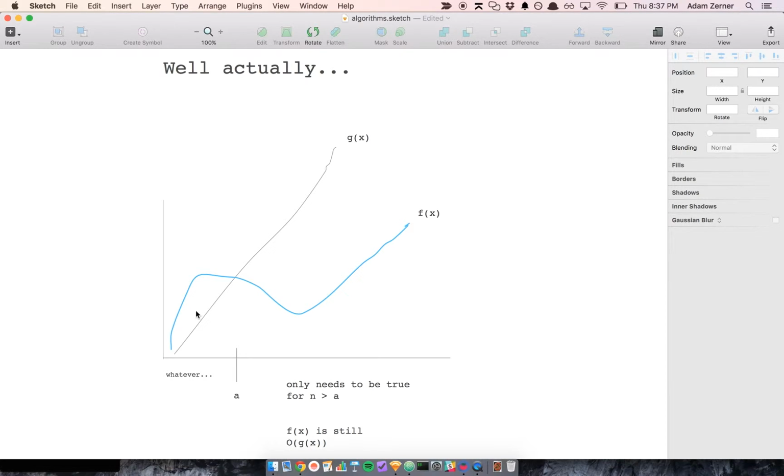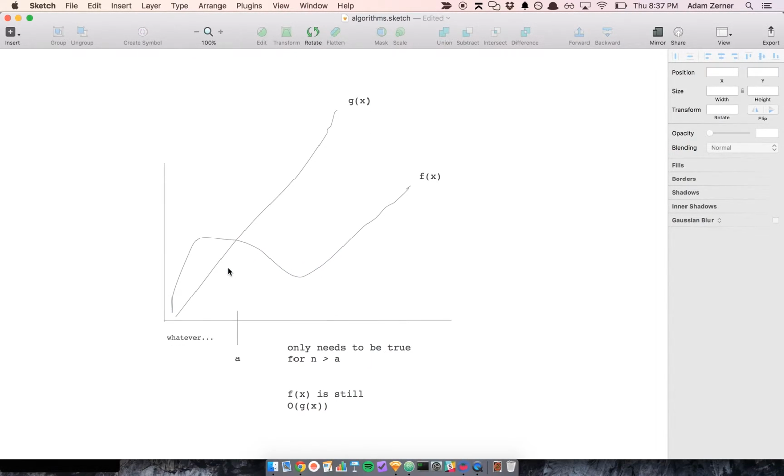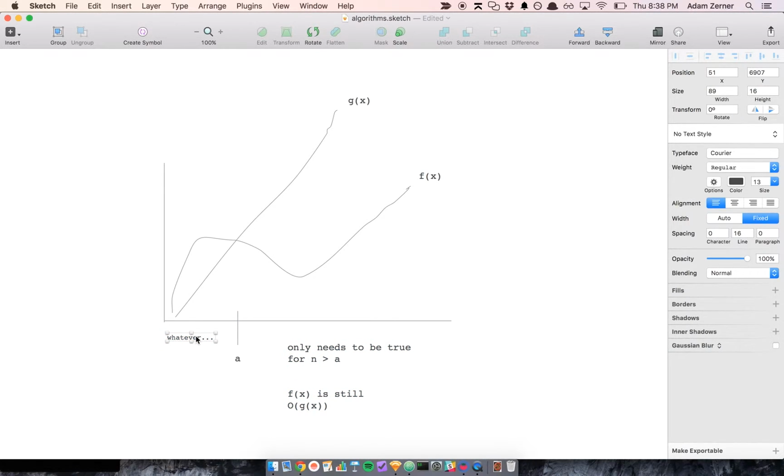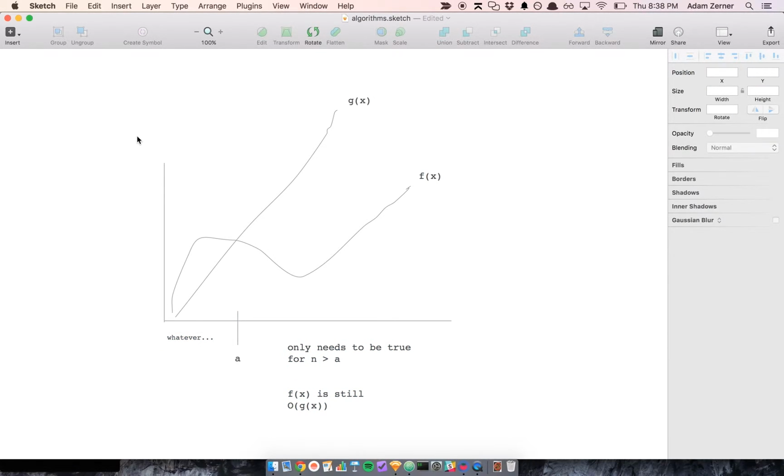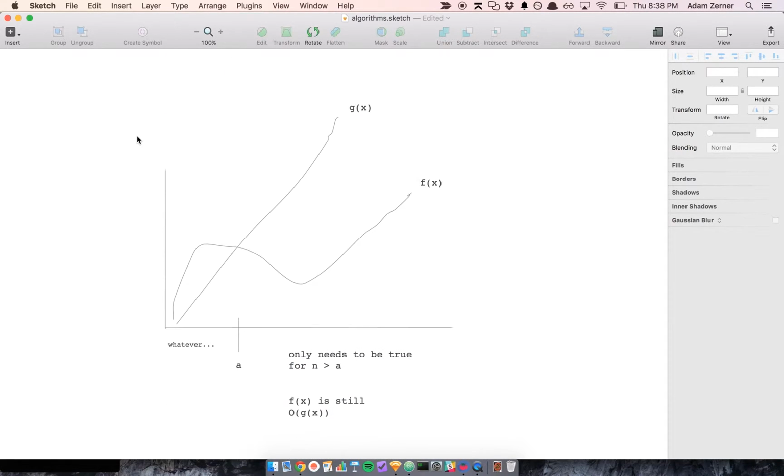So it doesn't always provide an upper bound. But, I mean, who cares? This little bump over here, it's not so important. So the definition of big O says that it only needs to be true for some n greater than a, where a is some integer. And we look at this area and we just say, whatever. So that's the first qualifier.